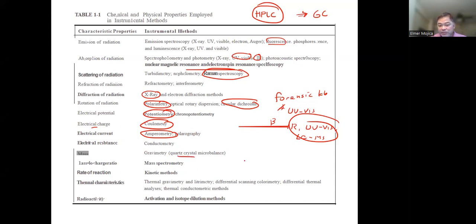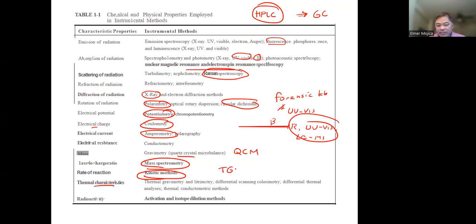The mass: you use your QCM, you weigh it in the microbalance. Mass spectrometry, I use it. Kinetic methods. So I think if you have 112.1, most of the experiments there are what we call kinetic methods, the clock reaction. And you have thermal characteristics.